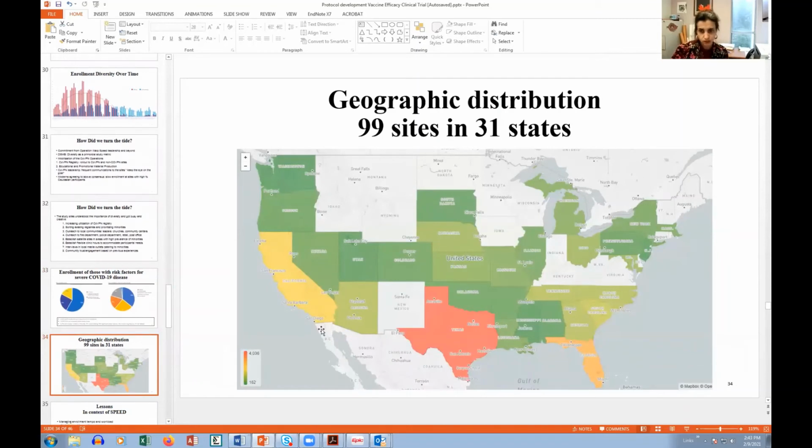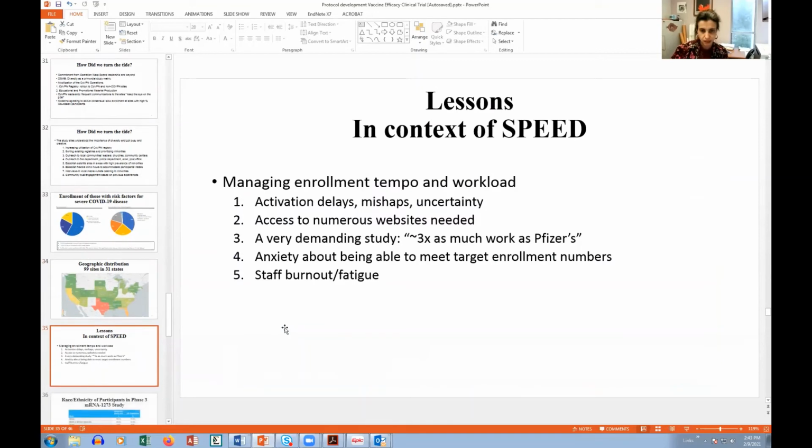And of course, geographic diversity was well represented. We had 99 sites in 31 states. It was a very demanding study, but nonetheless, we managed to stop it almost halfway through, reverse, increase the minority enrollment, and meet the target numbers.